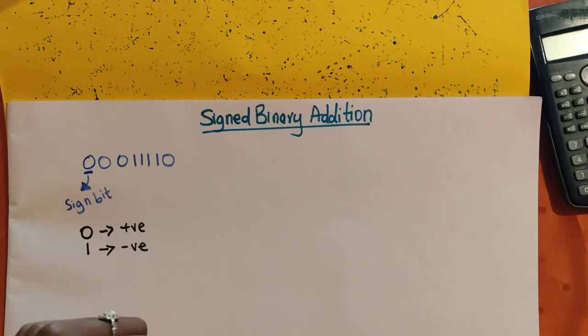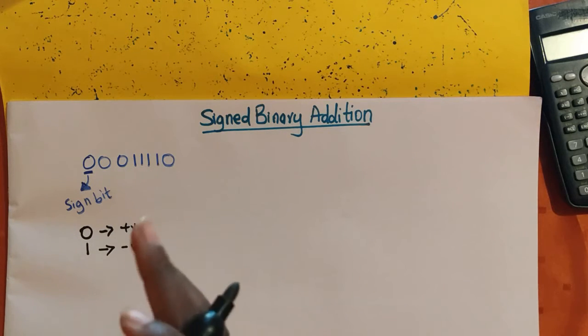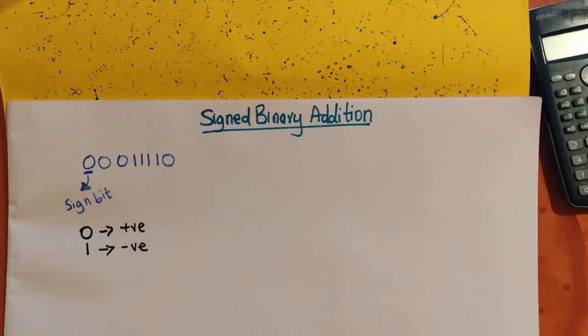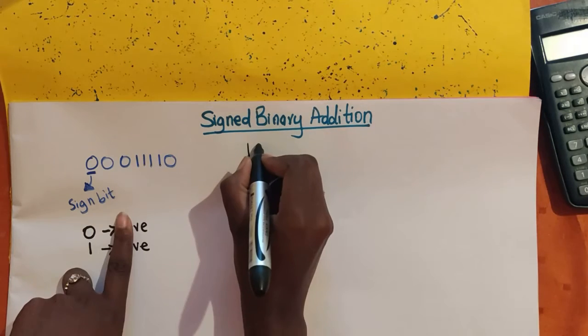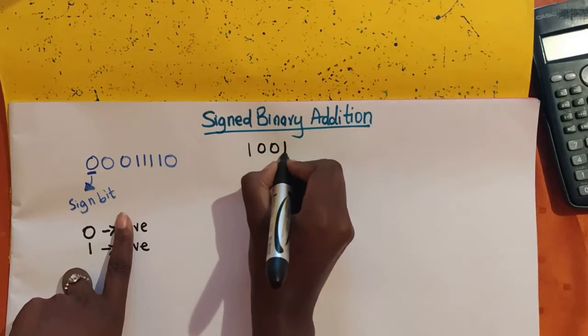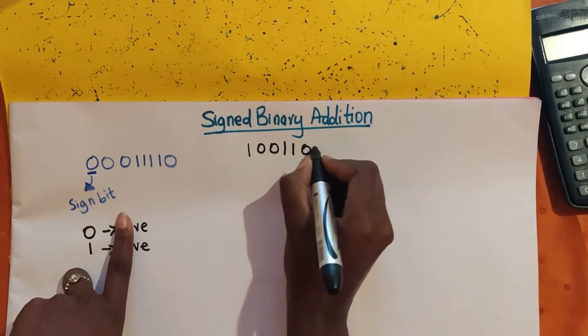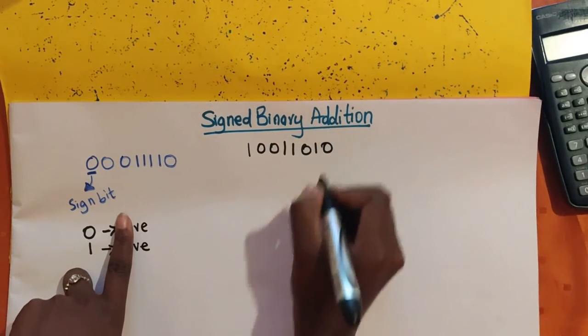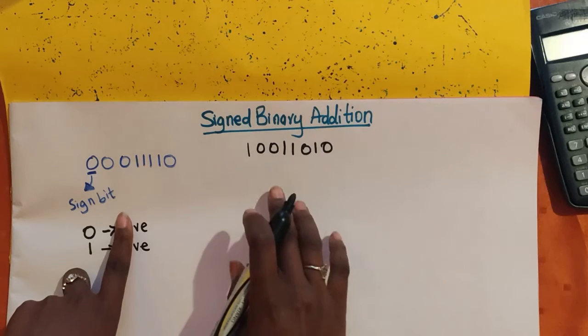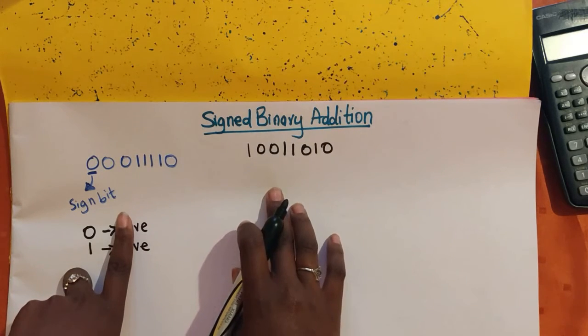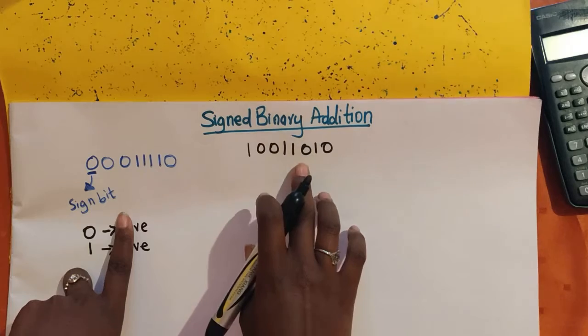So in this case, we will be determining whether these values are positive. For example, determine 1 0 0 1 1 0 1 0. So we are to determine the decimal value of this signed binary number.